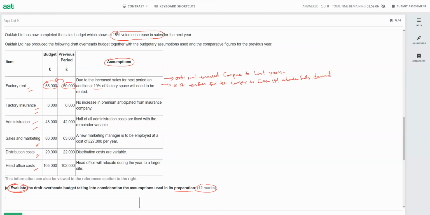Because the sales is increasing by 15%, will the 10% of the factory space be enough to fulfill the demand? So this is the first one we're asking.